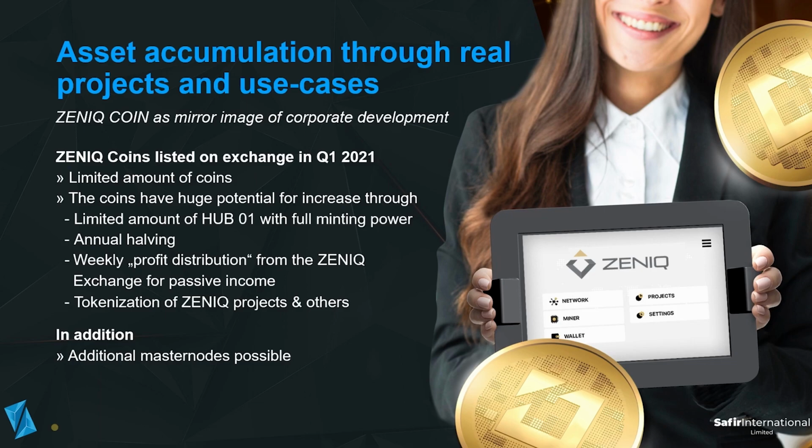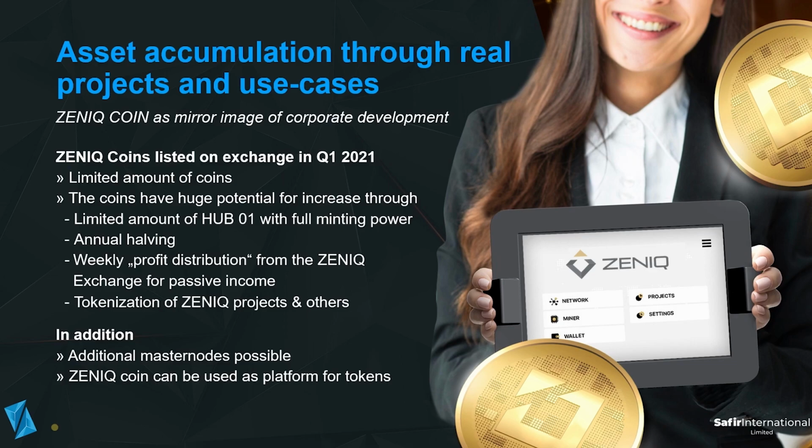So this means that you can mint Zeniq coins every day, but you can also build up an Ethereum masternode, for example, and stake Ethereum as soon as Ethereum staking is online. And also, the Zeniq coin can be used as a platform for tokens. So tokenization projects, creating tokens, and so on, everything possible right on your hub.